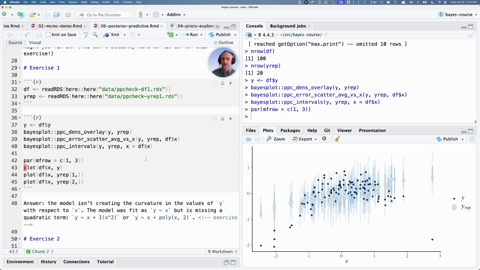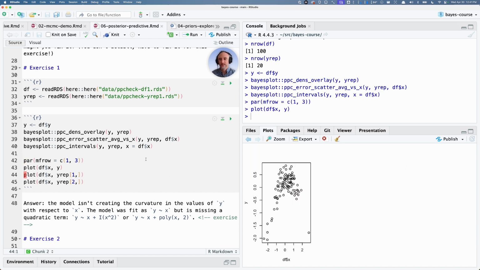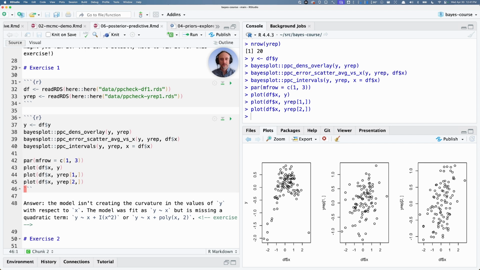So something's off. If we plot here, I'm just going to plot out the observed data in the first panel, and then I'm just picking the second and third simulation replicates here, and we can start to see what's gone wrong. So there's some curvature here, but our simulated data does not have that. So basically what's happened is we have a curved relationship between y and x in our observations, but we have fit a linear regression that is not a quadratic shape.